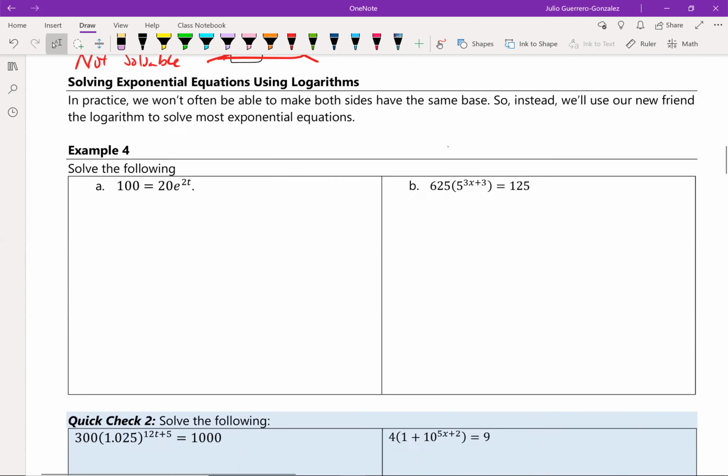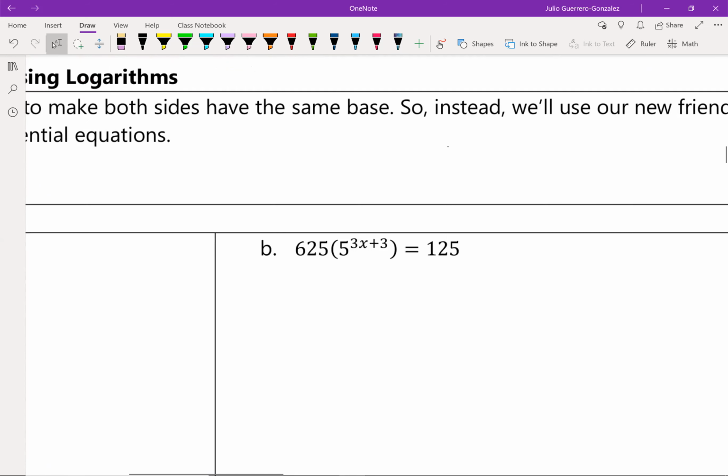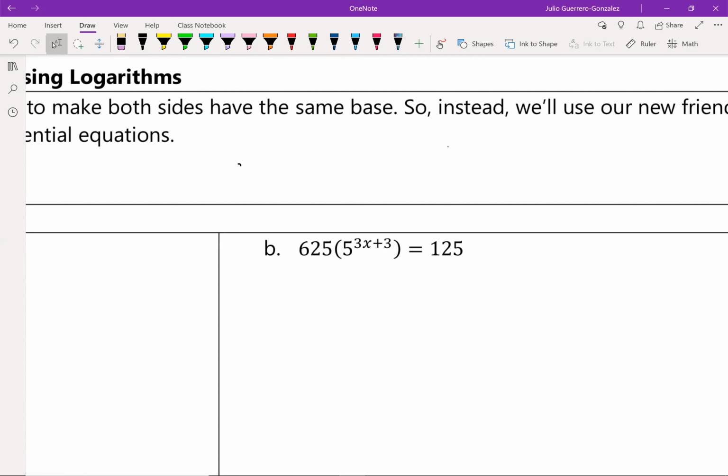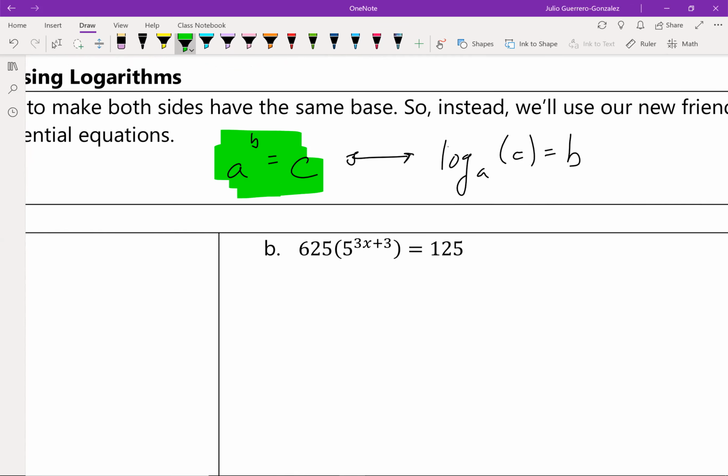And we're going to use this handy dandy tool. So remember when we did a to the b is equal to c, and we were able to change that to log base a of c is equal to b. So in all of these, we have the left-hand side, and we're going to change it to the right-hand side.